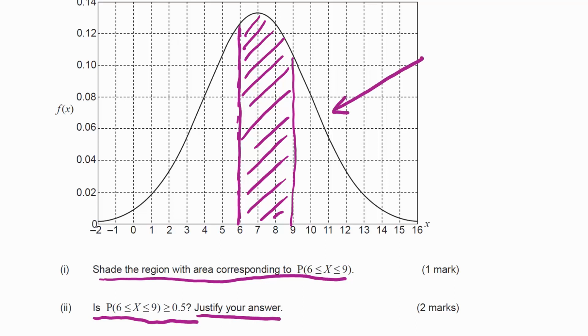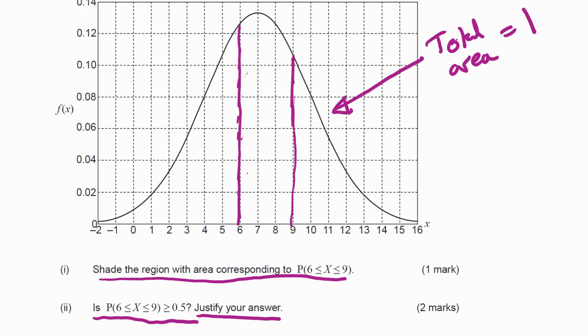Well, the first thing I would say here is that the total area enclosed by the graph is 1. So we need to look at the area outside compared to the area inside. And we can literally do this by counting squares.